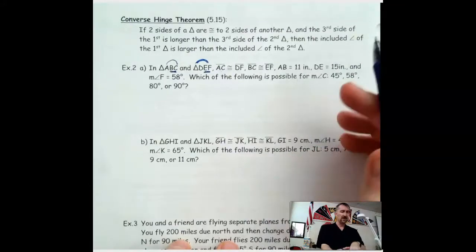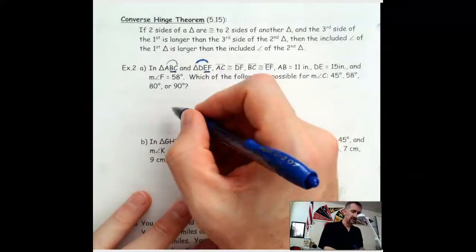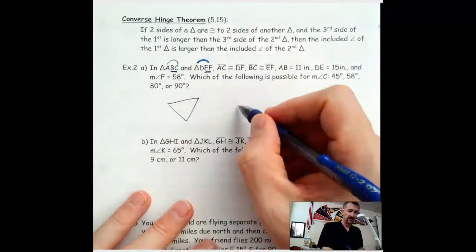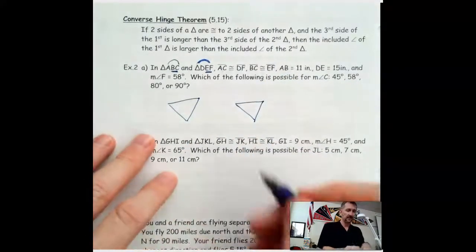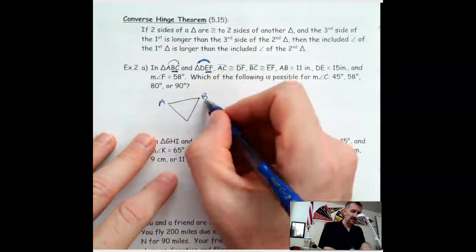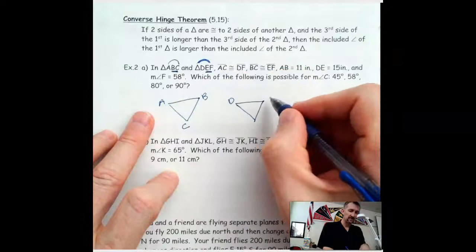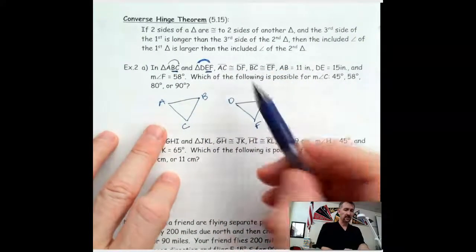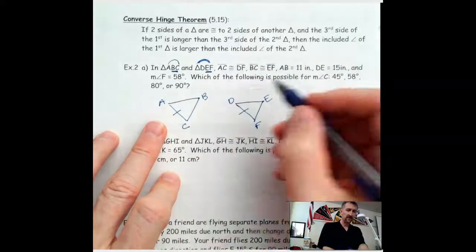So AB, this is a bit tricky. I'm just going to sketch a picture. I am not going to try to get the sizes right; I'm going to go by what I label. So A, B, C, and A goes with D, and B goes with E, and C goes with F, hopefully. AC is congruent to DF.